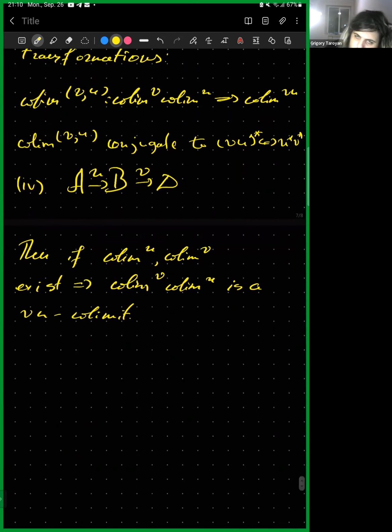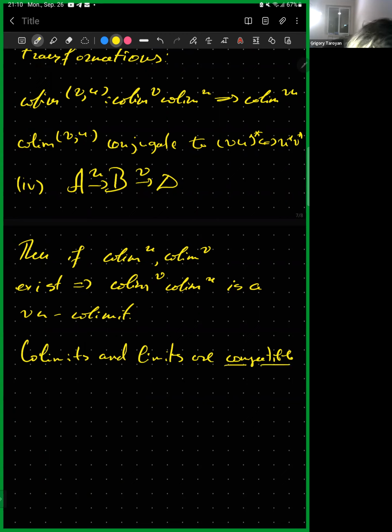Okay, so now I want to discuss one more property, namely compatibility of colimits with adjoints. So colimits are compatible with left adjoints, for colimits, and right adjoints for limits.